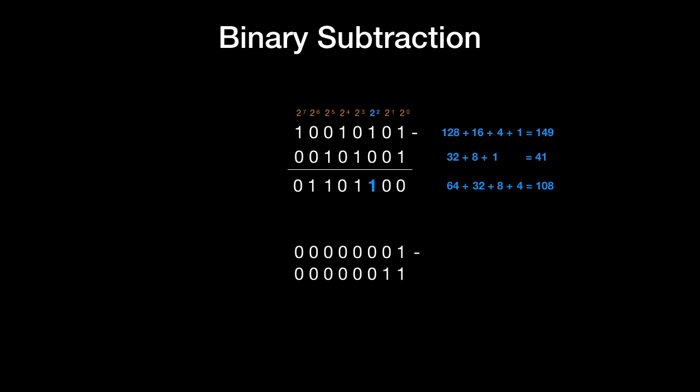1 minus 3. So 1 minus 1 is 0. And now we have a problem. There are only zeros. We have to borrow not from the far west, but the far, far left.